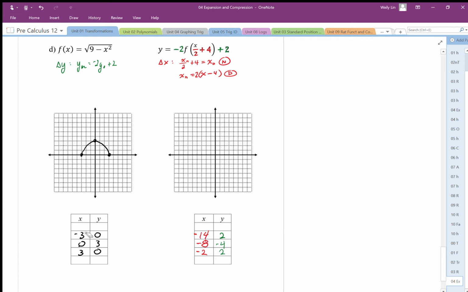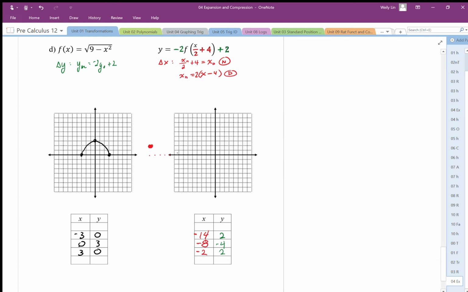So that negative 3, 0 ends up at negative 14, positive 2. So if I go 1, 2, 3, 4, 8, 9, 10, 11, 12, 13, 14, and 2 up, there would represent the new position of that graph. It's been vertically expanded and horizontally expanded.